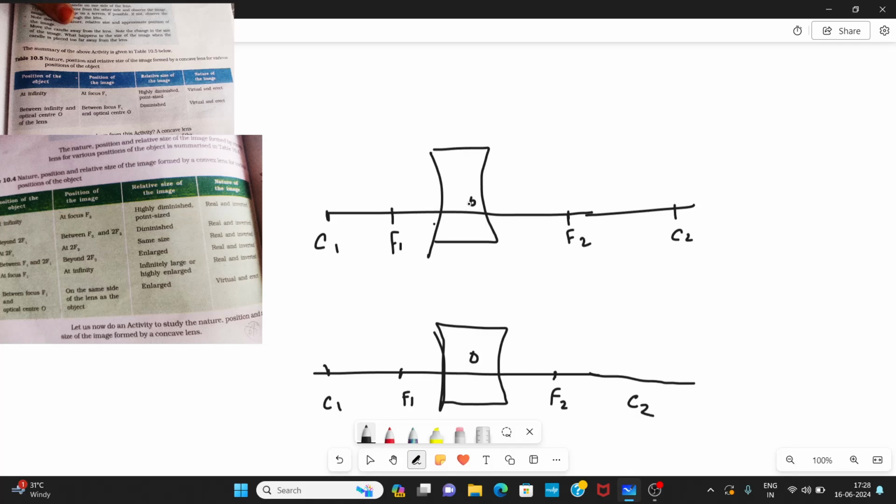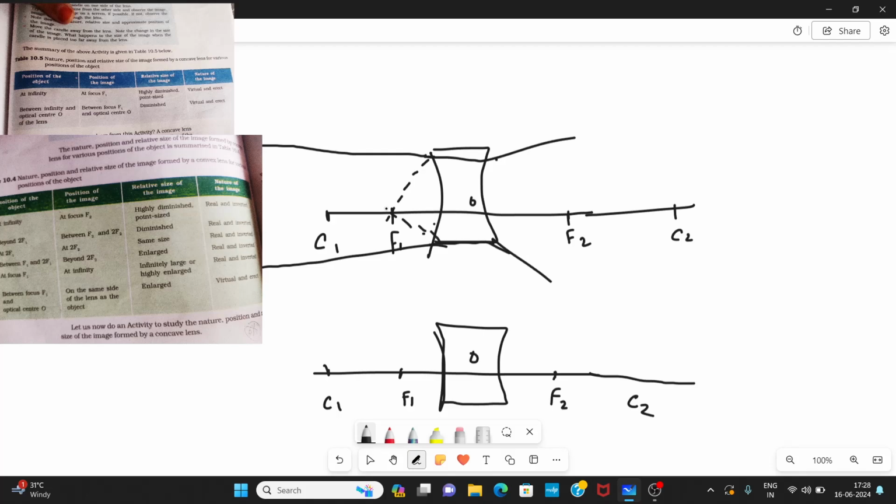This is the optic center. Now if you're going to keep the object at infinity, the incident light will get diverged away, and they tend to meet at this focus point. Likewise here also it will get diverged away and tend to meet.